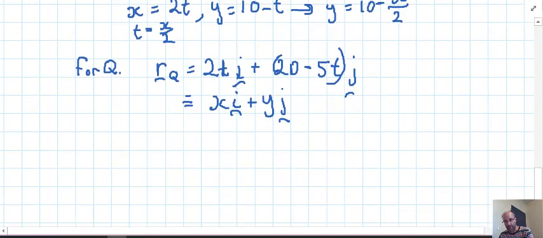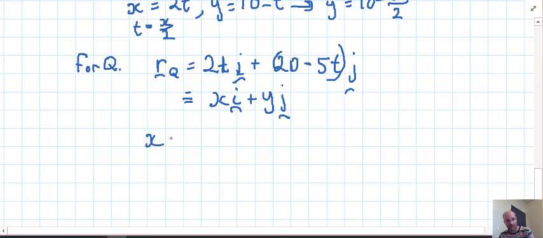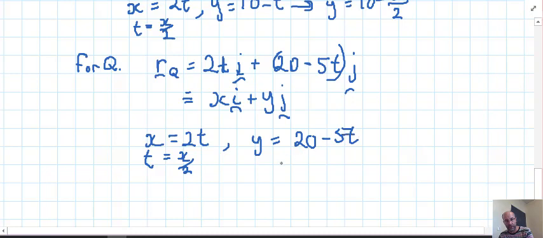So parametric equations, x equals 2t, or in other words, t equals x on 2, which we know is going to be handy. y equals 20 minus 5t, and we've got a substitution. We've got 20 minus 5 halves of x. Okay, so that's the Cartesian story for Q.